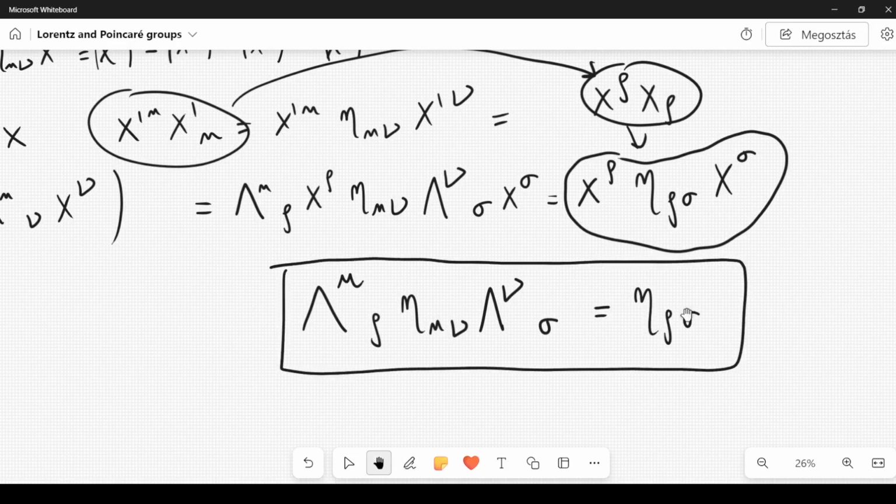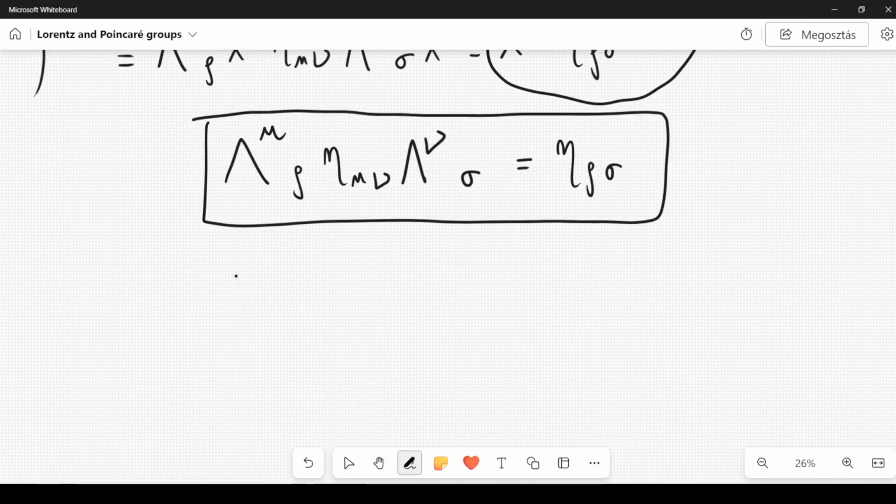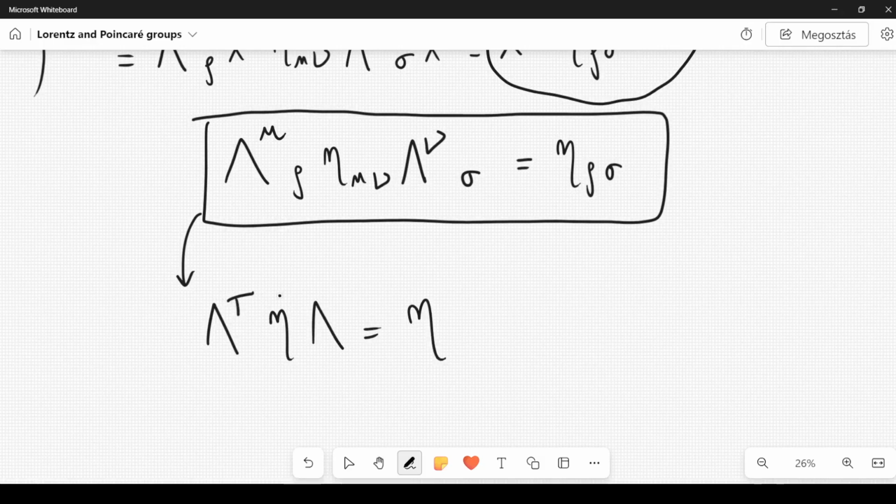And without writing down the indices explicitly, one could also write Λ transpose η Λ equal to η. So it can also be written like this in matrix notation. So this is a matrix, this is a matrix, and so on. You can see that we have a transpose here because we are summing over this first index.